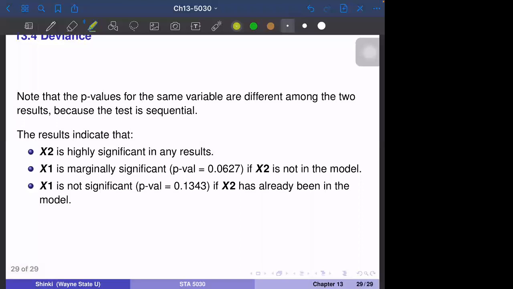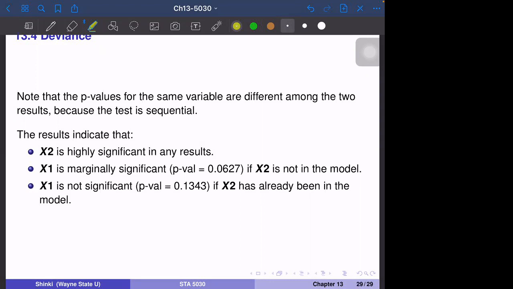So the conclusion is here. X2 is highly significant in any results, as has been observed in the tables. And X1 is marginally significant, with p-value 0.0627, if X2 is not in the model. So if no information is available, then getting the information of X1 may be useful.